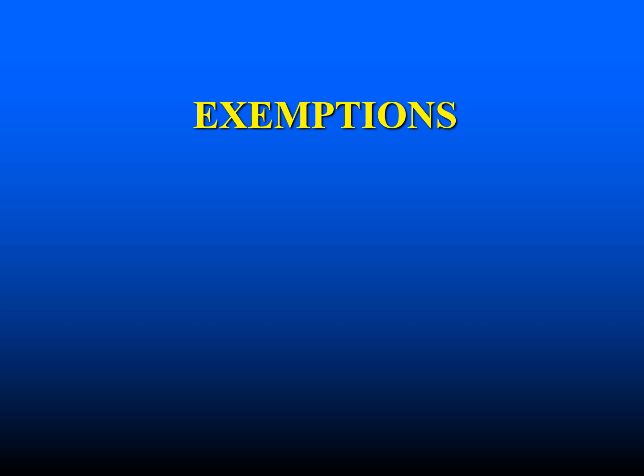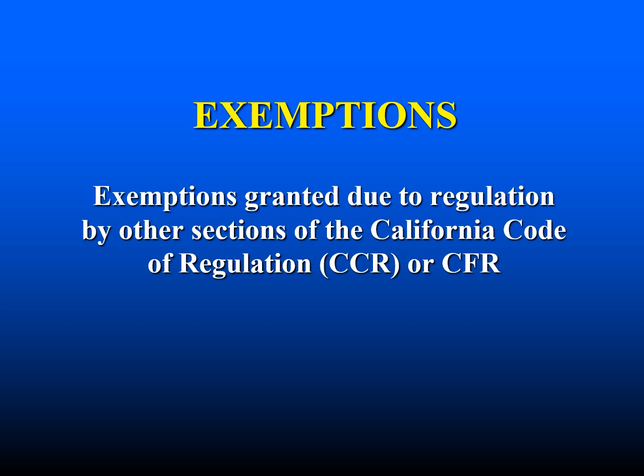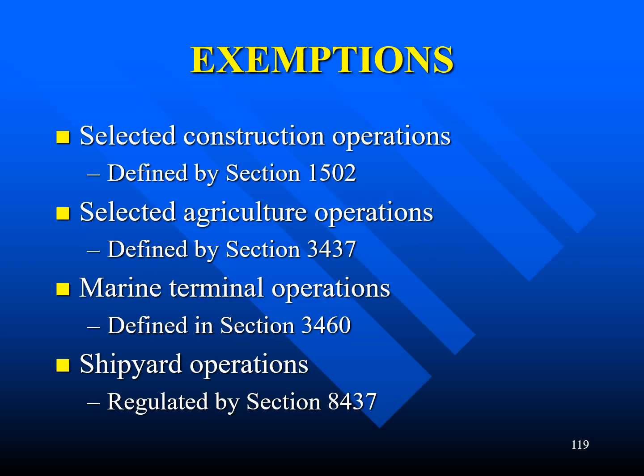There are some exemptions to the confined space permitting process. Exemptions are granted due to regulation by other sections of the California Code of Regulations or the Code of Federal Regulations. The following are exemptions.